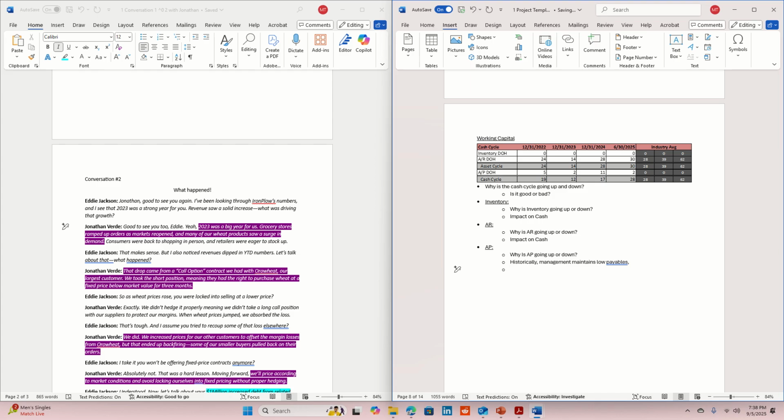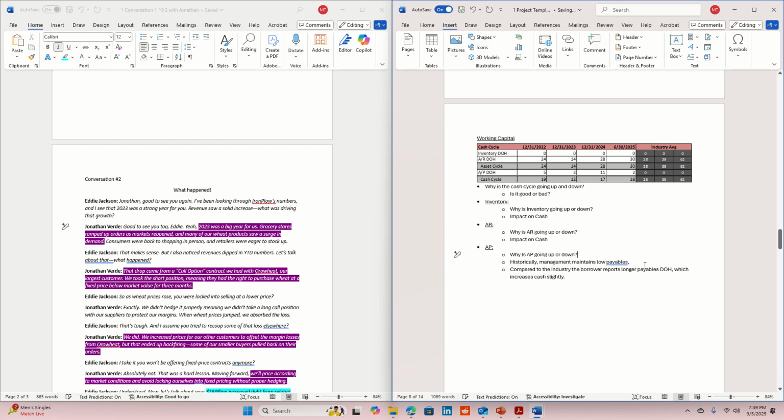And then let's add another bullet point talking about what happens in the industry. Compared to the industry, the borrower increases cash slightly.